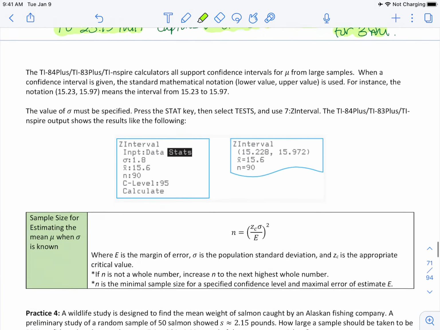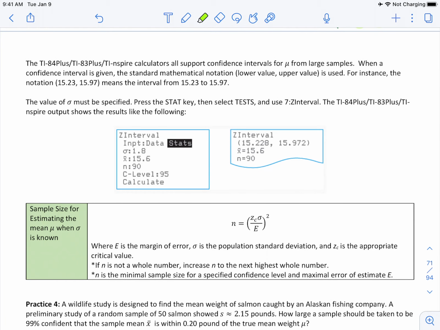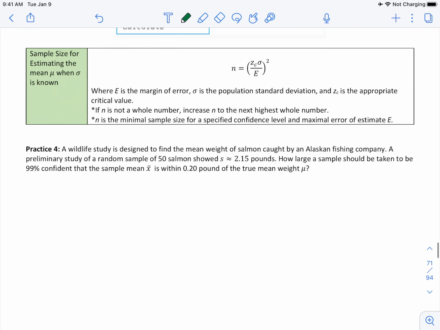Last, this is how you will perform and find the Z interval on the calculator. So we can read the directions here. It's under the stat menu. We're doing a Z interval, and we'll go over that in detail in class. Sample size for estimating the mean mu when sigma is known.